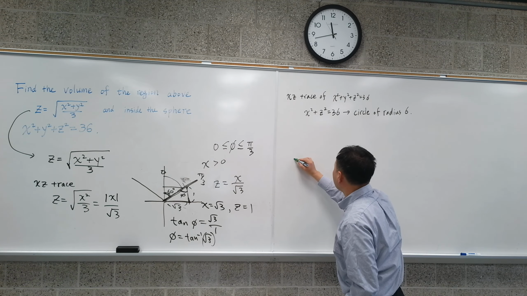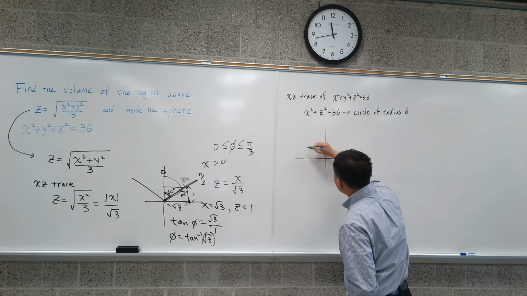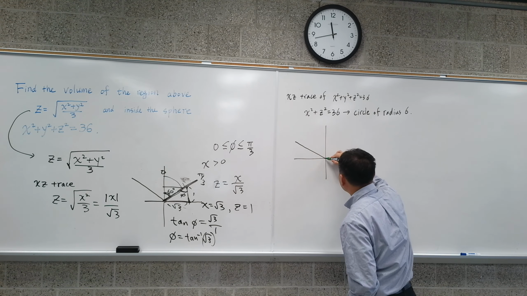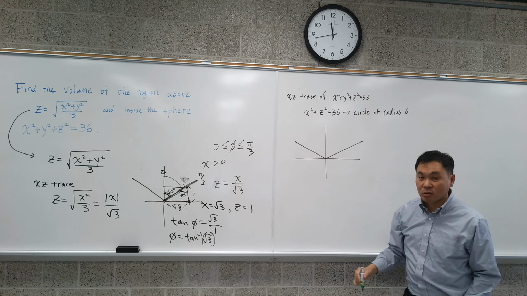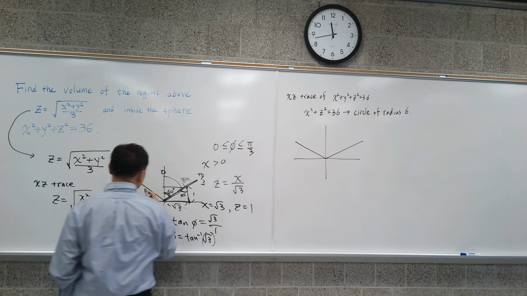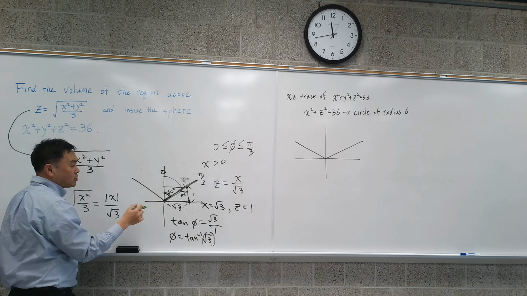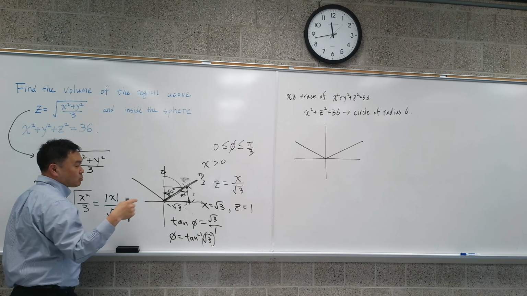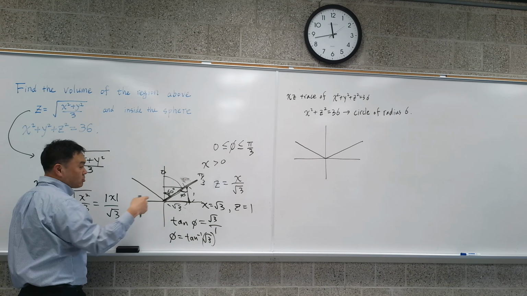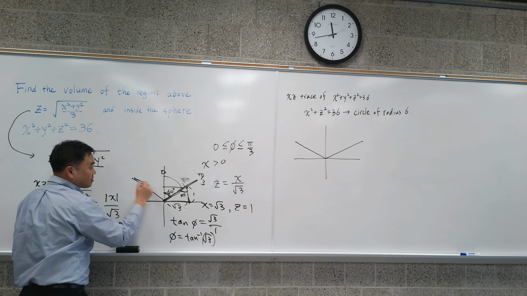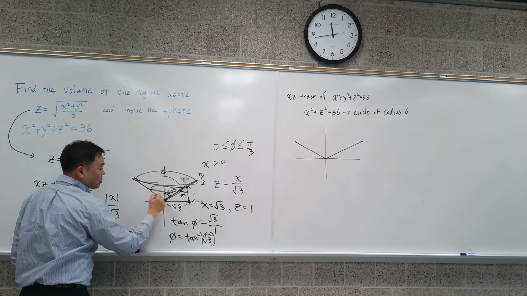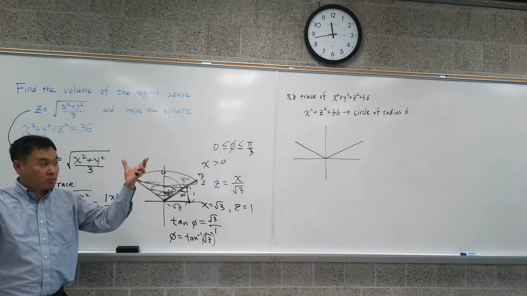So what you're getting is, here's your cone, right? So remember, this is just the xz trace, but the y-axis will be the one that's going into the board, but anyways, it's going to be a cone like this, right? It's a cone like that.